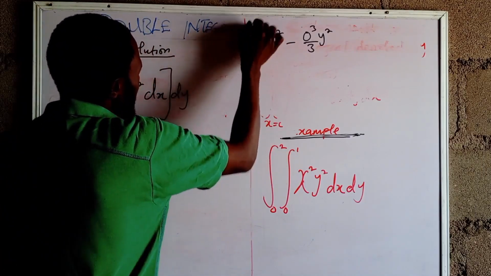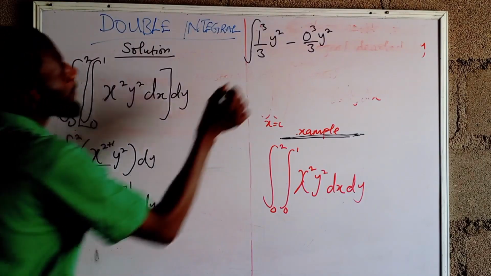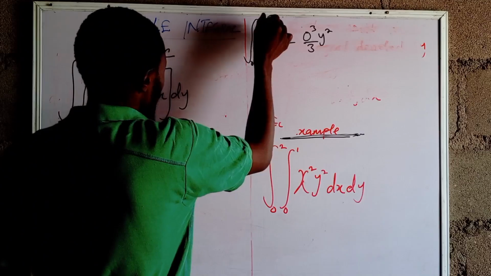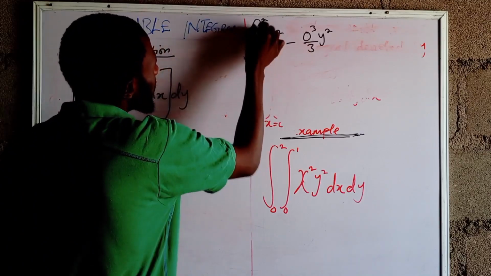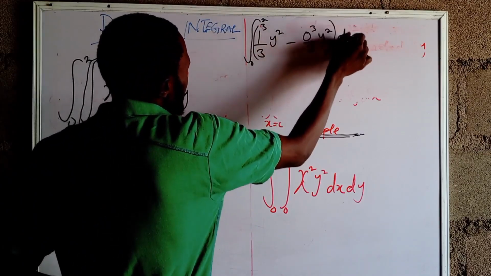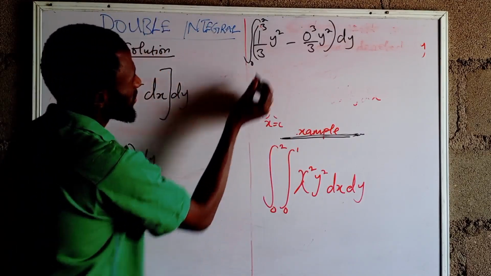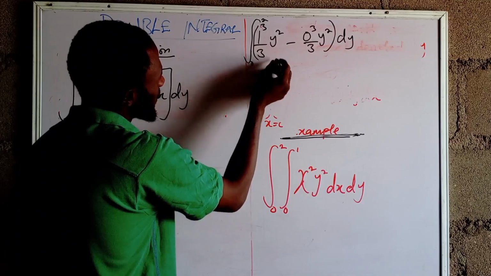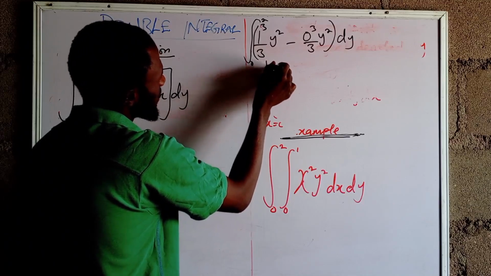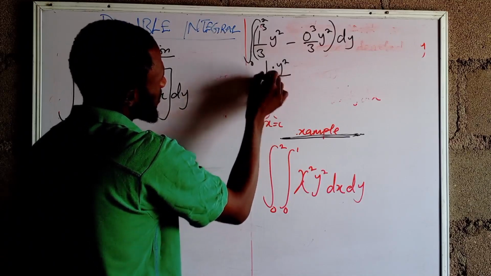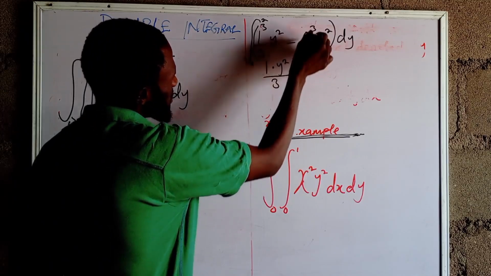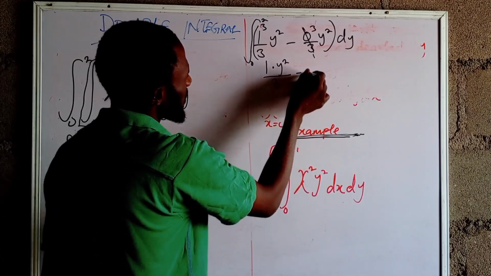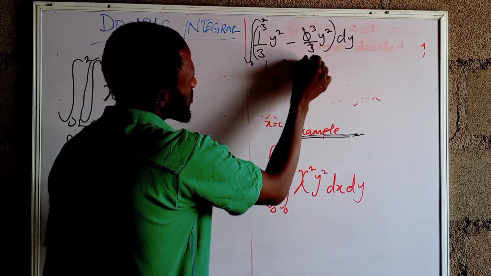Don't forget this is the integral from 0 to 2, dy. Simplifying, 1 cubed is 1, so we have 1 times y squared all over 3, minus 0 completely.